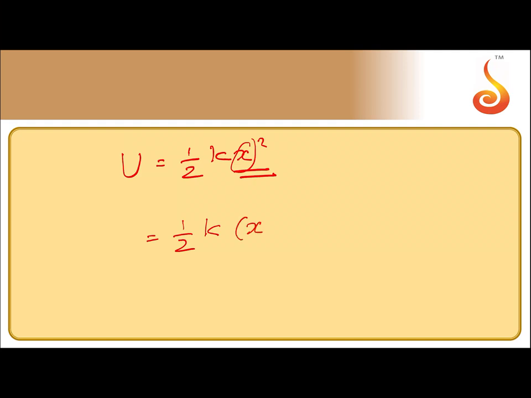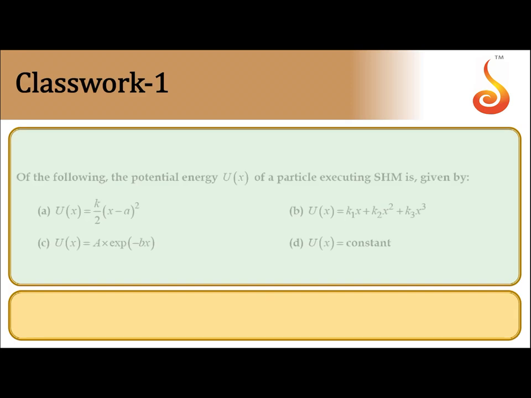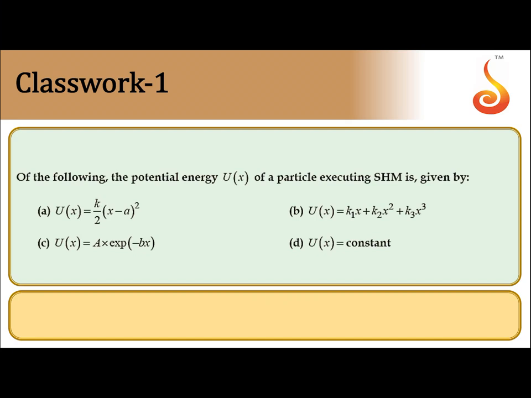So this can also be written as something like half k into x minus some constant n, whole square. So any function which is of x minus some constant square represents potential energy, and A is our correct choice.